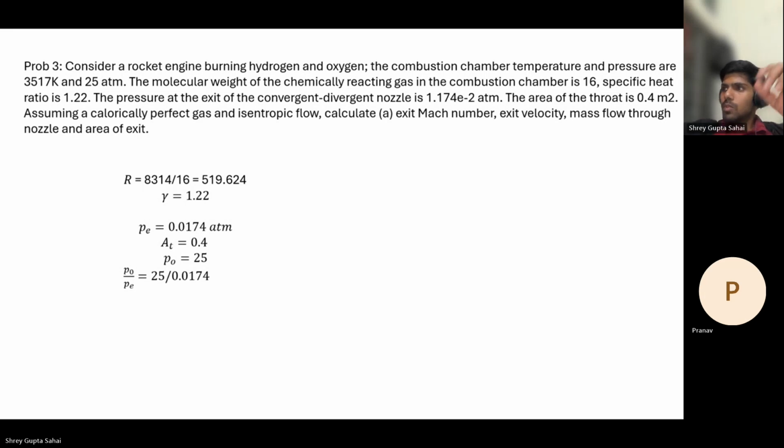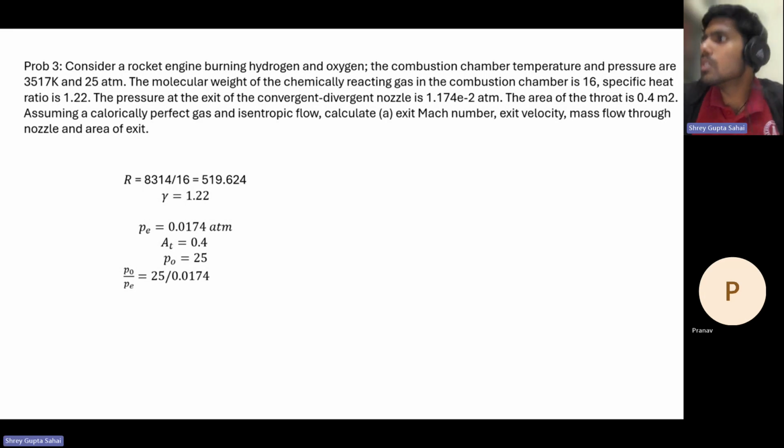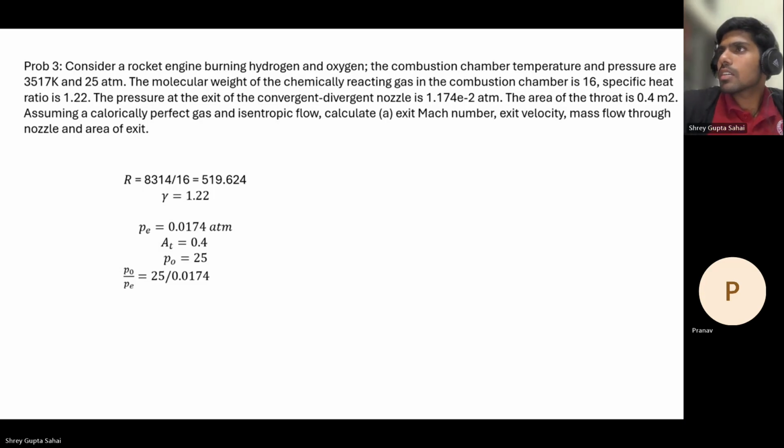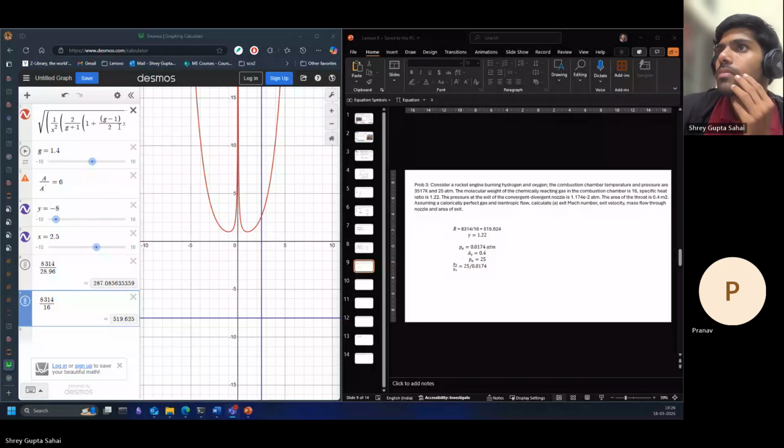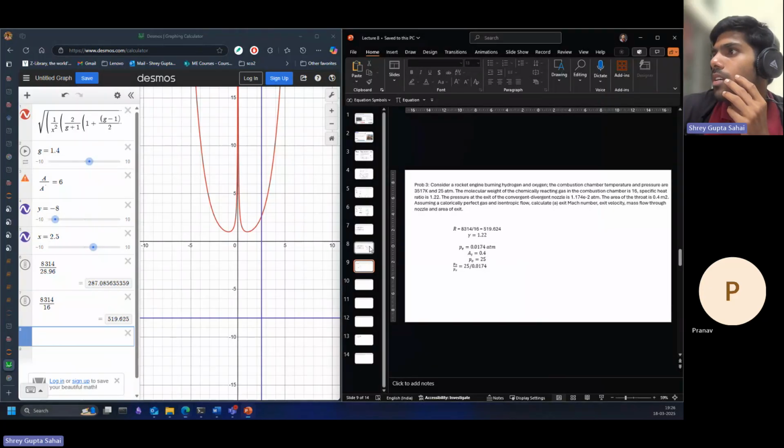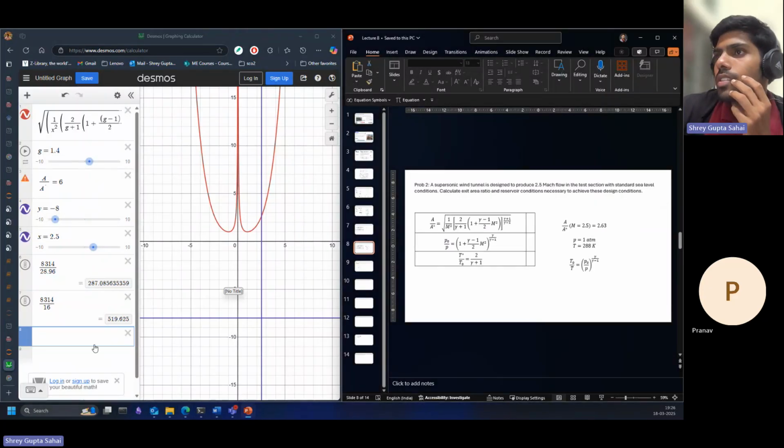Okay, so let's use this value. I'll use my graph calculator. Let's do this. This is the formula for this thing.